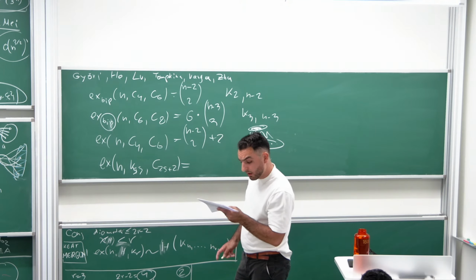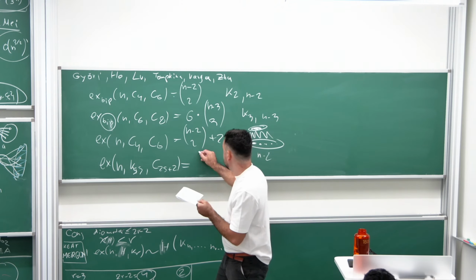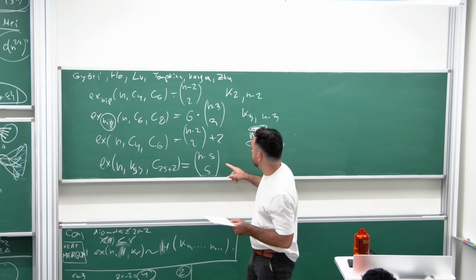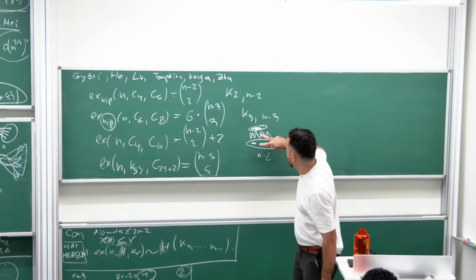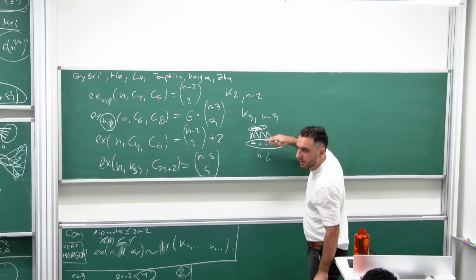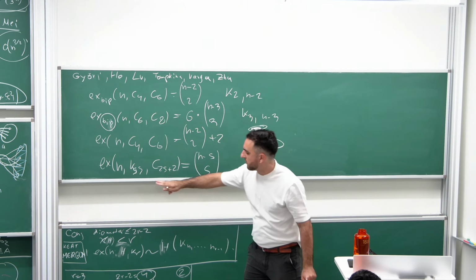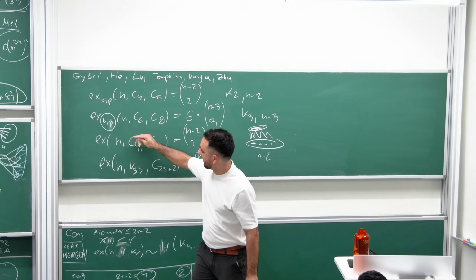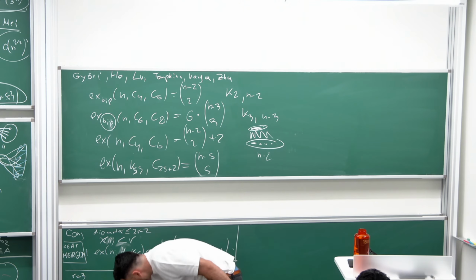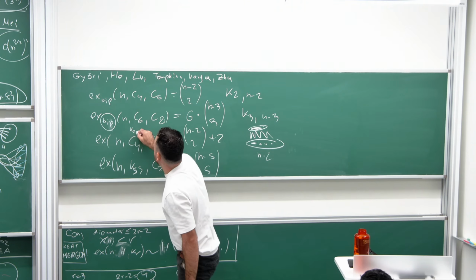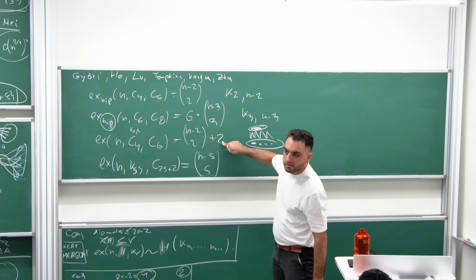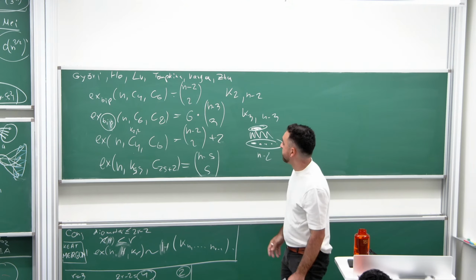About this one, this is n minus s choose s. In this case we don't have +2, because you can add only these two edges, but adding these two edges does not give you any new K_{s,s}. As you see, C4 can be written as K_{2,2}. So these two are the same theorem, but there is this +2, that's why we separated them.